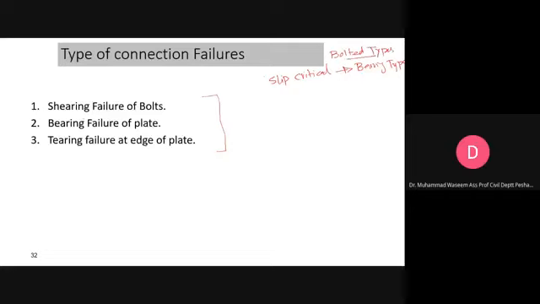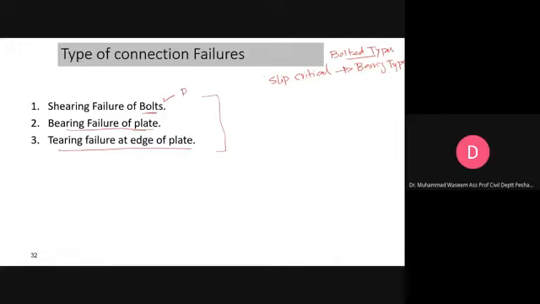There are three types of failures which can occur in the connection. We call the first shearing failure of the bolt. The bolt can fail in shear. There can also be failure of the connected plates or connected components of steel structures: bearing failure of the plate, and the tearing failure at the edge of the plate.